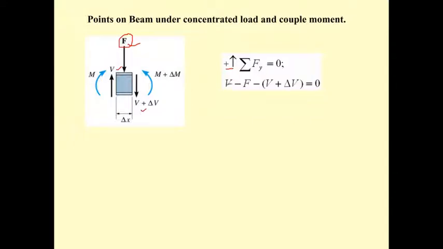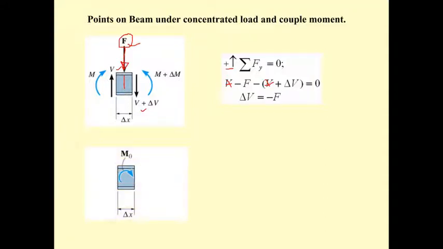Then cut the V, you may get delta V equal to minus F. That means the downward force F produces the negative of the change in the shear force at that point. If this is 10, the shear force on the left and on the right of this line is going to change downward, or negative, by 10 kilonewton.